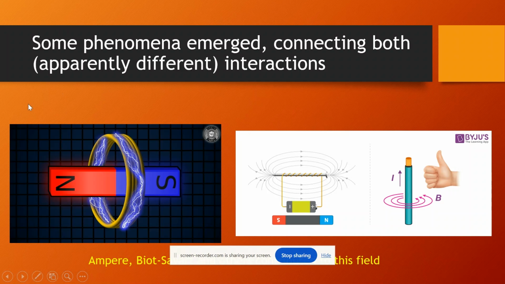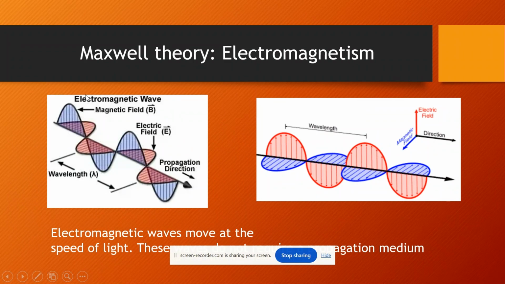So it was always suspected that pure electricity and pure magnetism should be correlated. And thanks to Maxwell, who realized that this is the case, he formulated his Maxwell equations, which bring out the electromagnetic theory, which obeys the Lorentz symmetry.